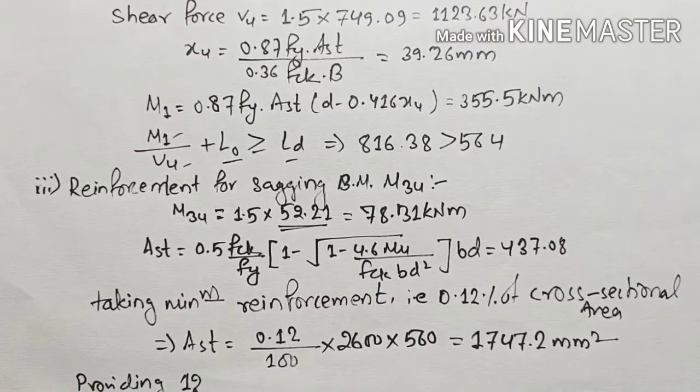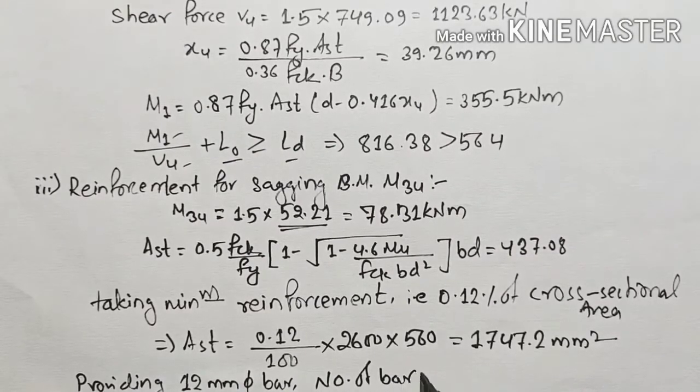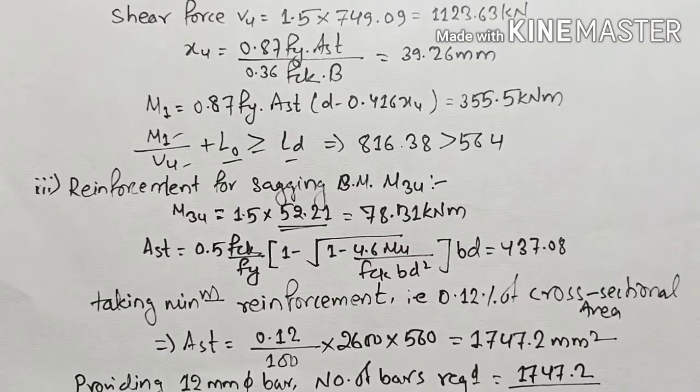Now providing 12 millimeter dia bar, number of bars required equals 1747.2 by AST of 1 bar of 12 millimeter dia, which is 113.09 millimeter square.